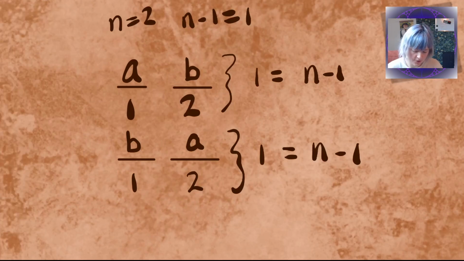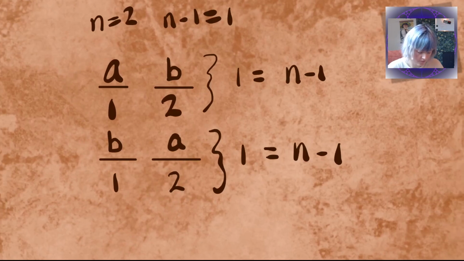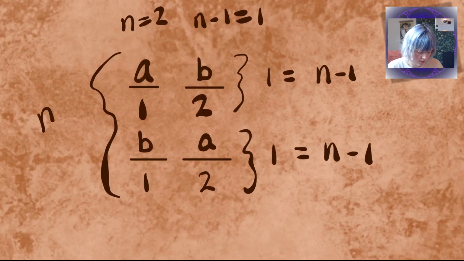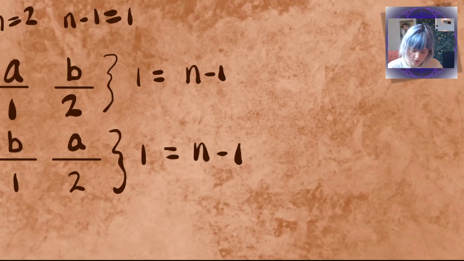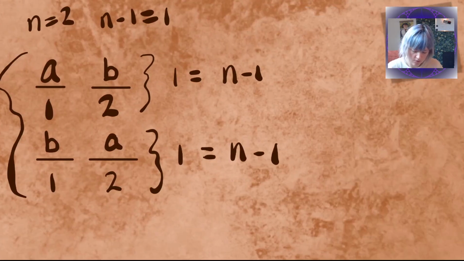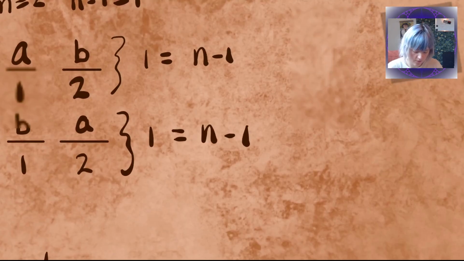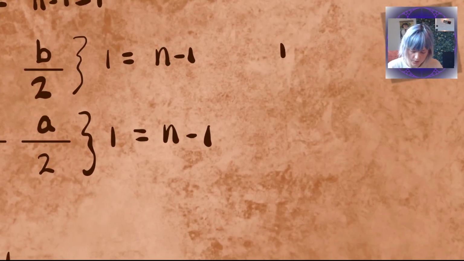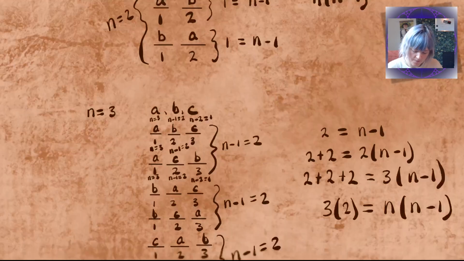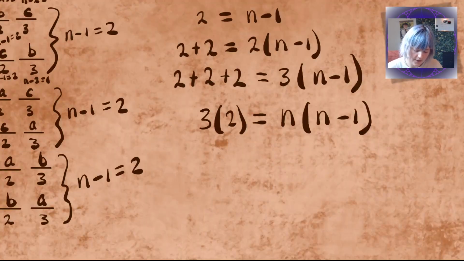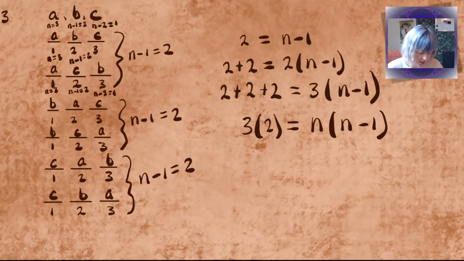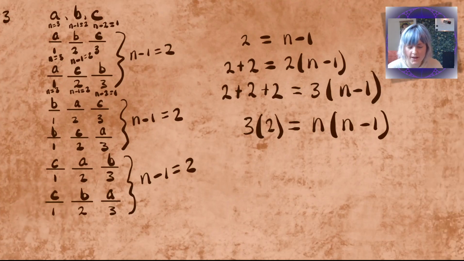And then we have 2 of those. So you can sort of see that they're both n times n minus 1. But that's not quite good enough to see the full picture.